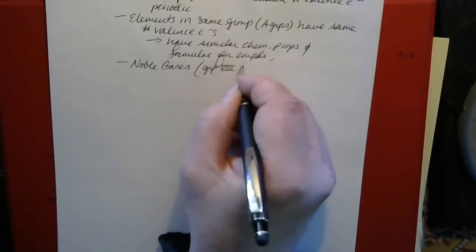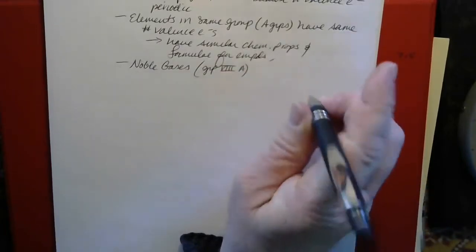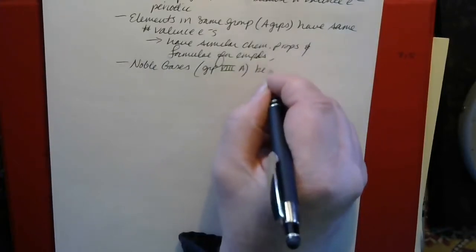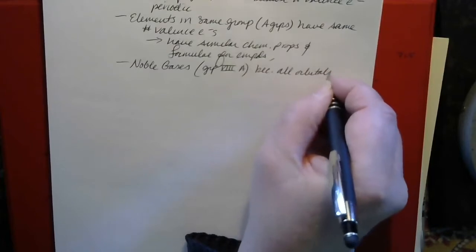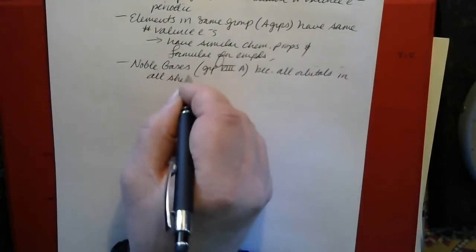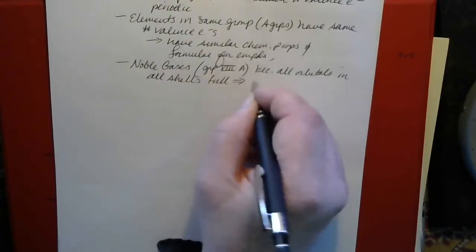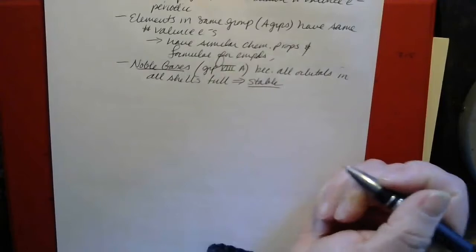It turns out the noble gases are stable because all of the orbitals in all of the principal energy levels are full. And that's what makes them stable.